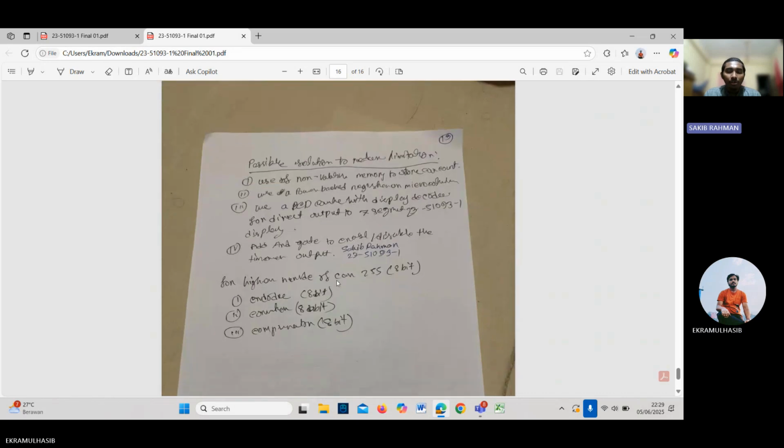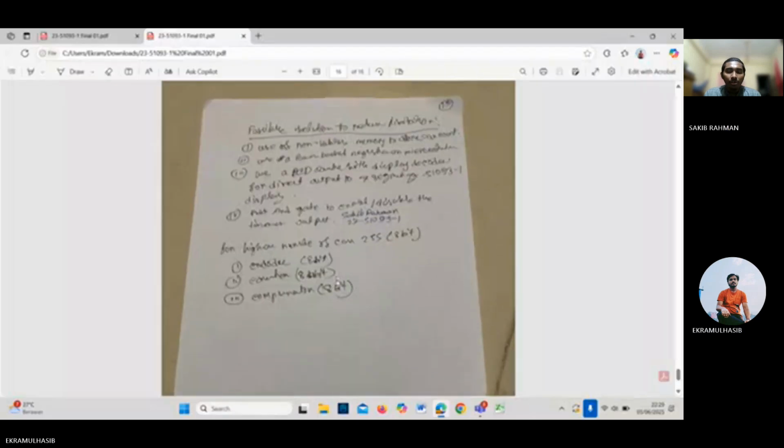Possible solutions I have found: use of non-volatile memory to store the count even when the car count is reset.